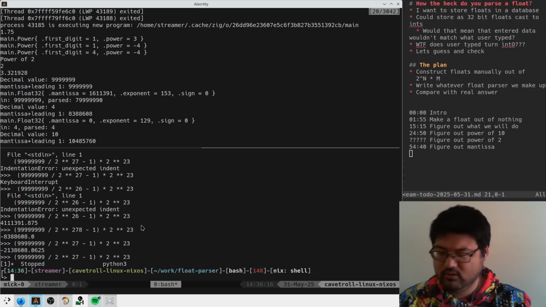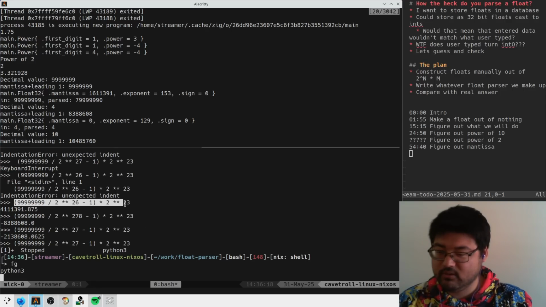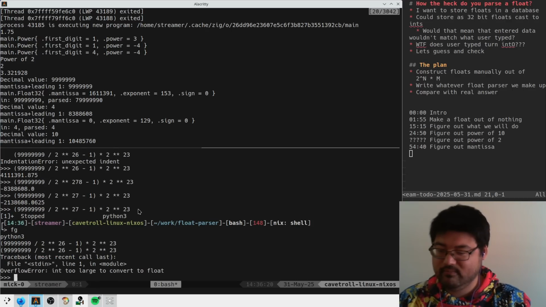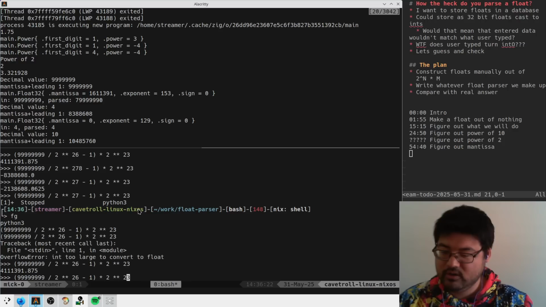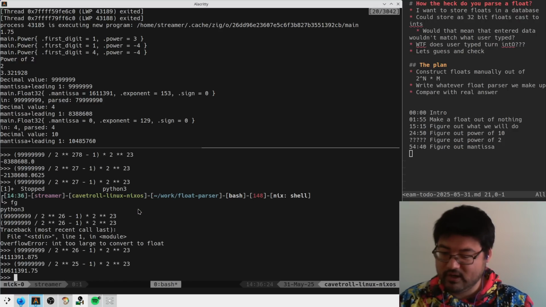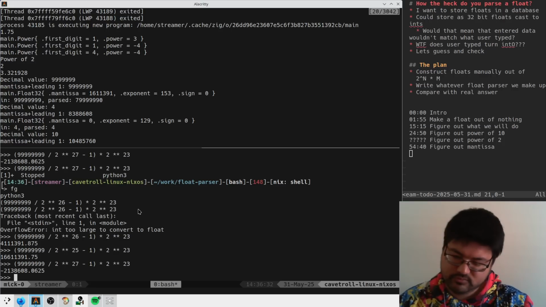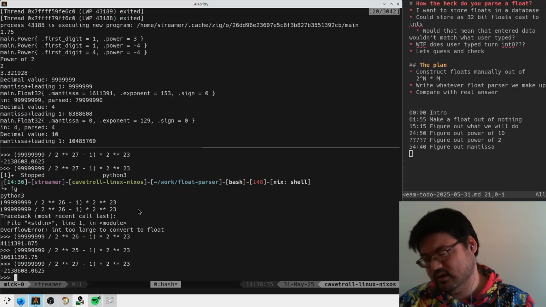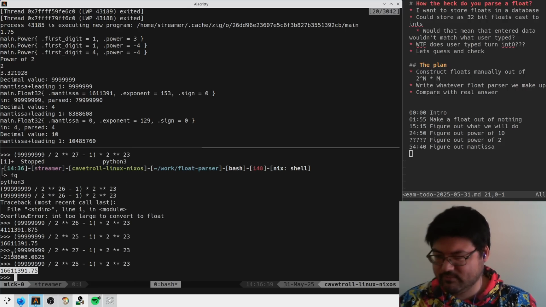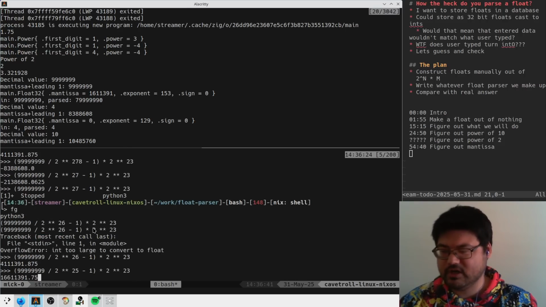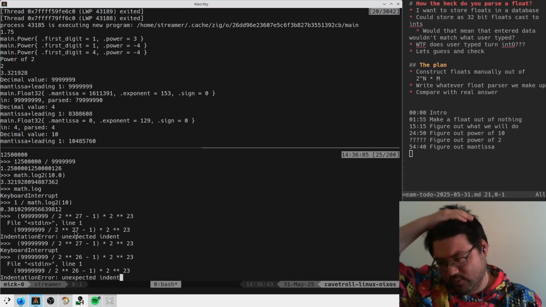What am I doing wrong here? 25 and 27. I don't understand why it's negative. But sure, if the power is off, that doesn't really change anything in a way that makes sense.